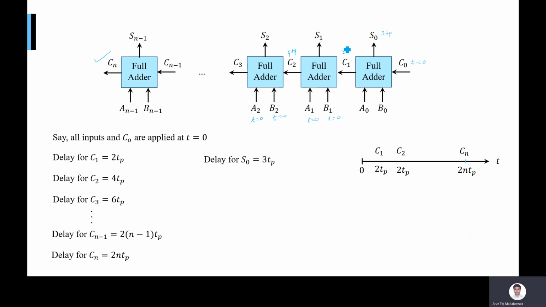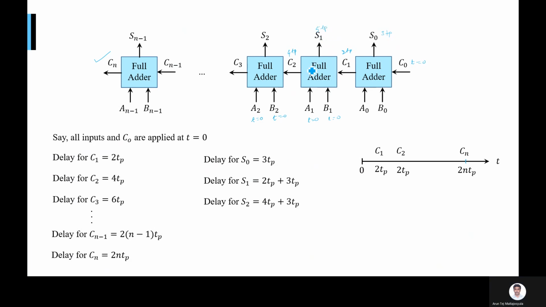What about the sum delay? First sum will come at 3 TP. Second sum will have to wait for C1. Once C1 comes, it will take 3 TP propagation delay to give your sum, right? So therefore 2 TP plus 3 TP, that is 5 TP. So sum 1 will come at 5 TP.